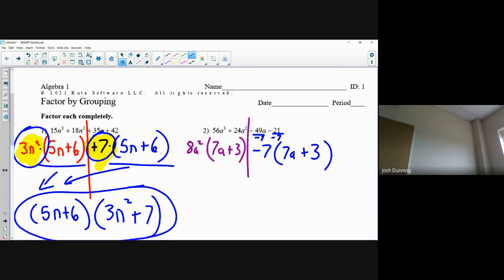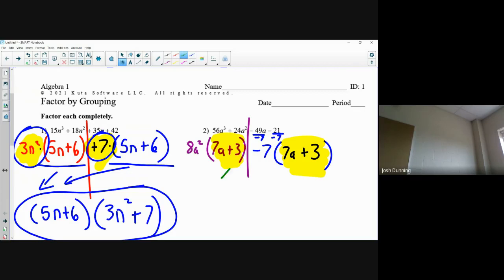You gotta do that so that these match. They're both 7a plus 3. I had to divide by that -7 so that my binomials would match.